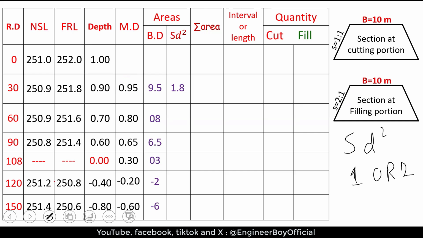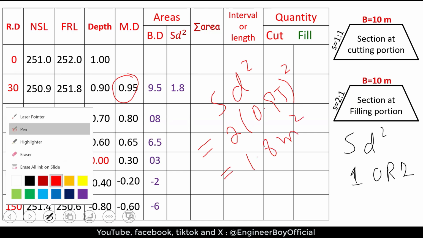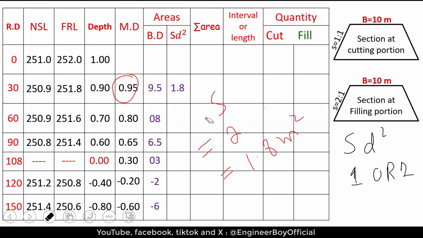How 1.8? Again, let me repeat it. We have SD square. So put 2 for S, and then D, that is 0.95, and take it square, and that's gonna be 1.8 square meter. Is it clear? Yeah, it's just straightforward and very simple mathematics, okay?